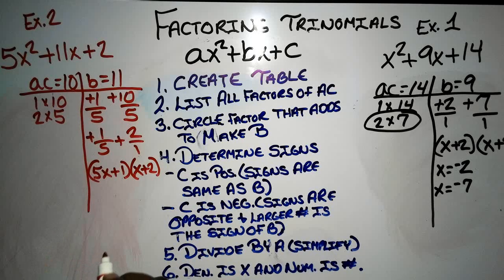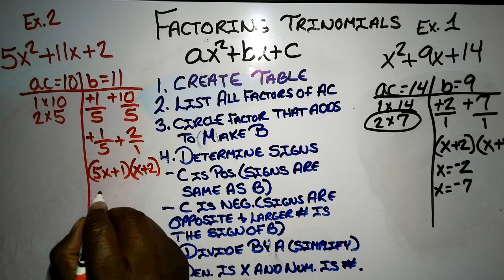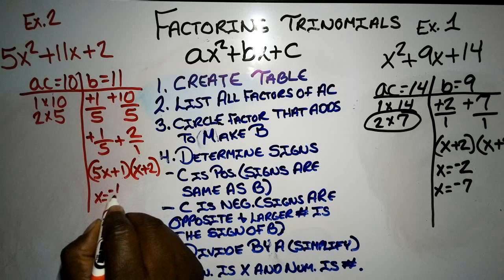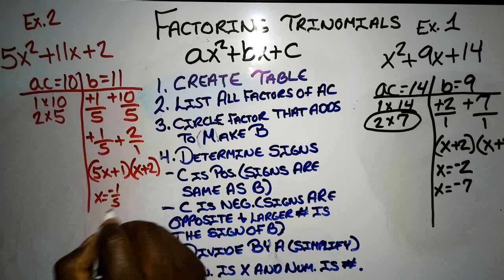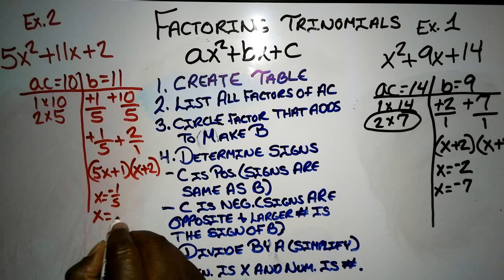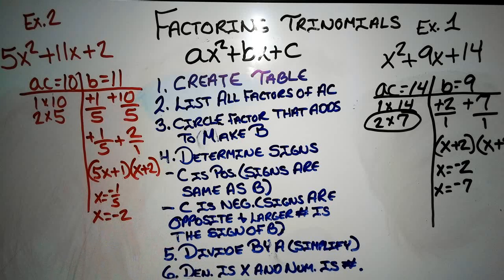And then for my solution for that equation, I'm going to have x is equal to negative 1/5, and then I'm also going to have x is equal to negative 2. And so now I have my factored version and my two solutions for that trinomial.